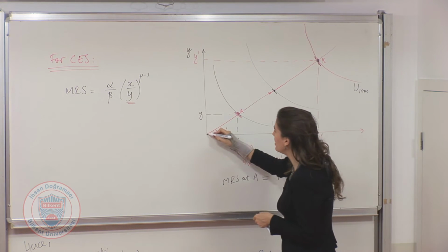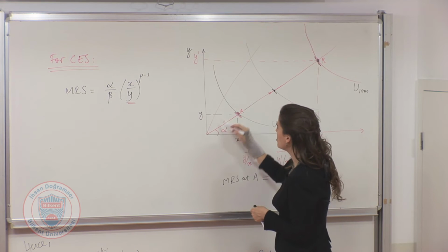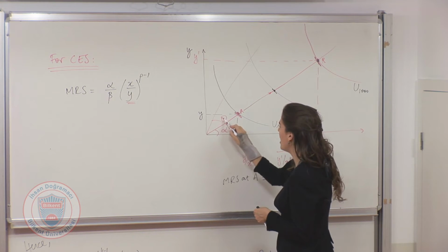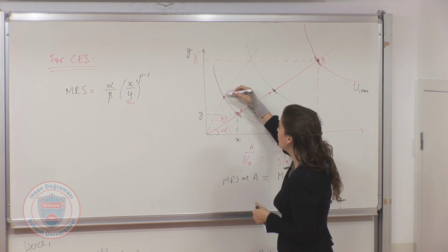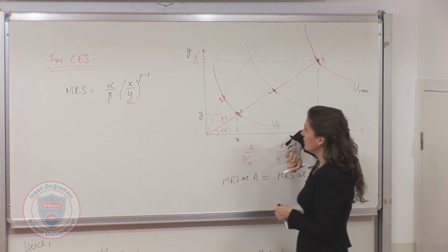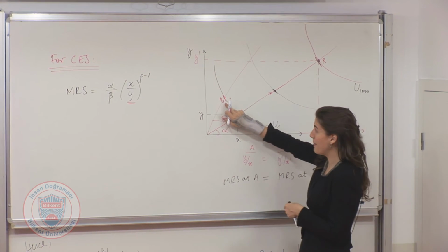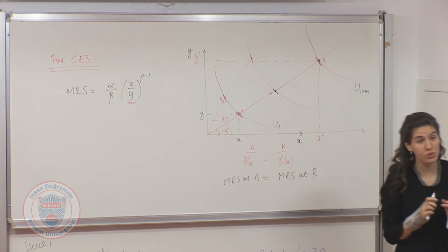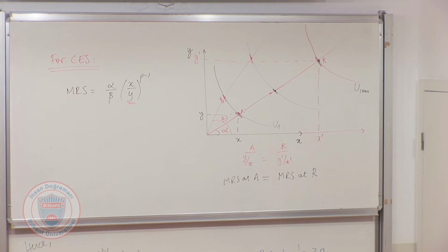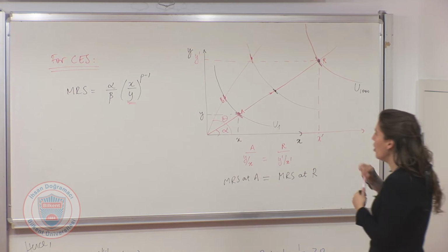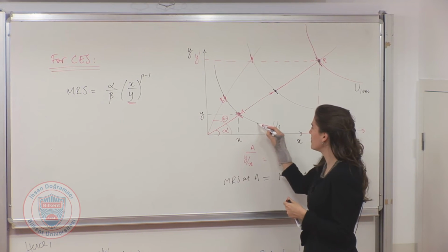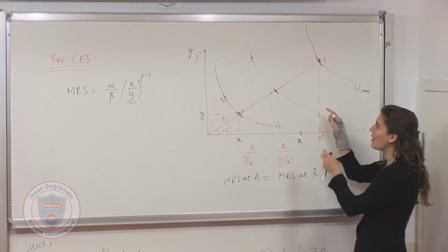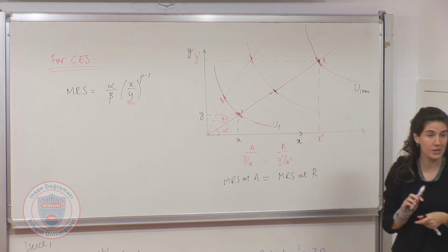And I can think of another point, let's say this is theta, and another point, let's call it B, and it turns out that the MRS at B and the MRS at this point are also the same, okay? So when I know this indifference curve, I can figure out these higher indifference curves as well, okay?